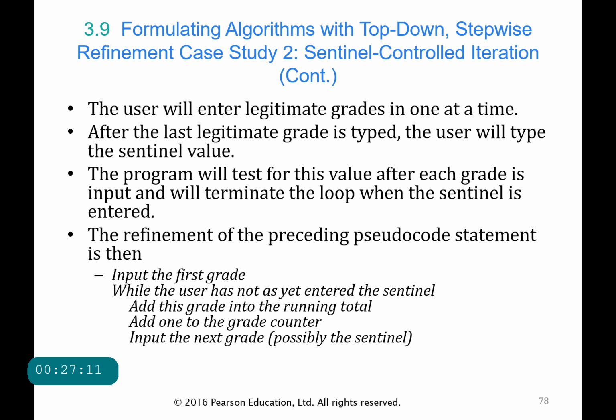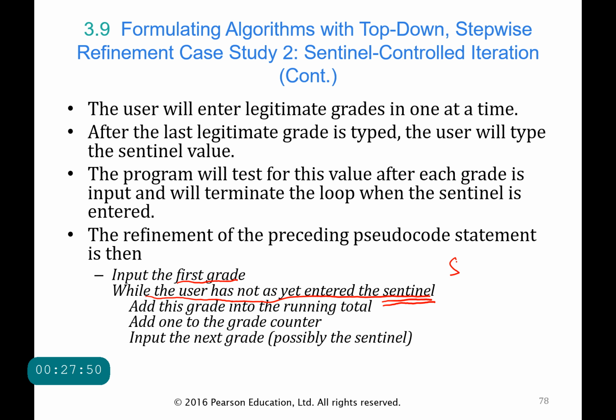We need to first input the first grade, and then we need to put the accumulation, or the summing, inside the body of a while statement. So while the user has not entered the sentinel value which is going to terminate the while condition, we add the grade that we receive into the running total.